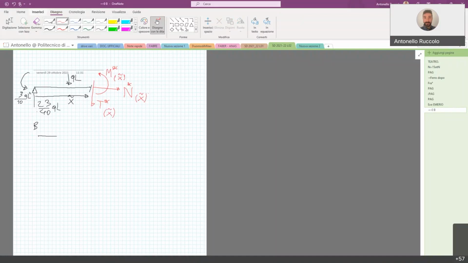So you have the possibility to work on this structure, taking everything with you, so working only on the reactions, or you can restart the structure here. And in this case, you have to make explicit the value of internal forces. Okay, let me write it all, and at the end it will be clearer.